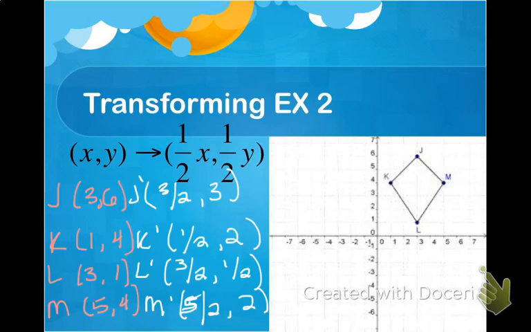So that's right around here. And then we're going to go to (1/2, 2). Here. (3/2, 1/2). A little off, sorry. And (5/2, 2).